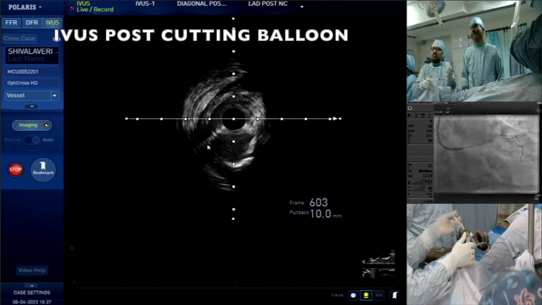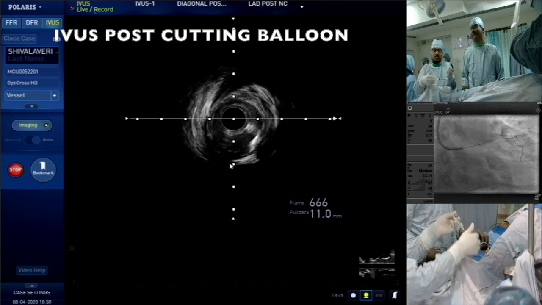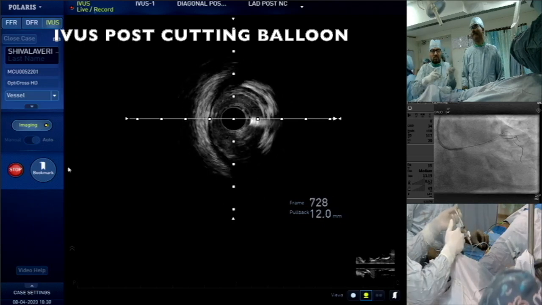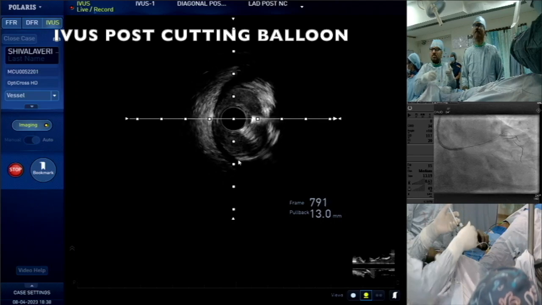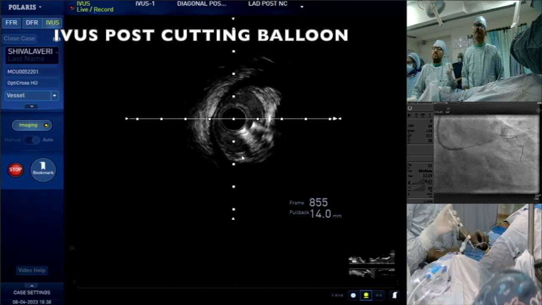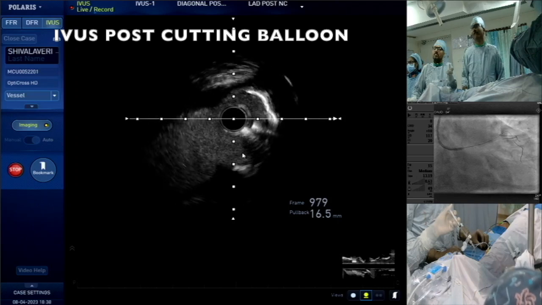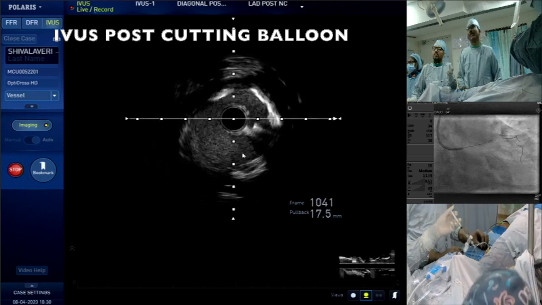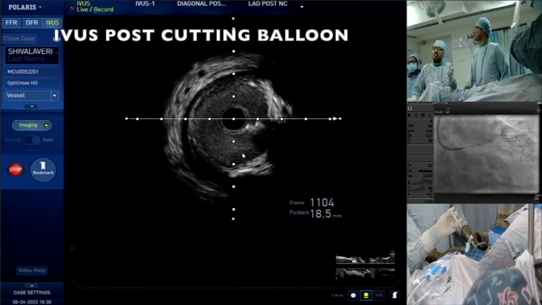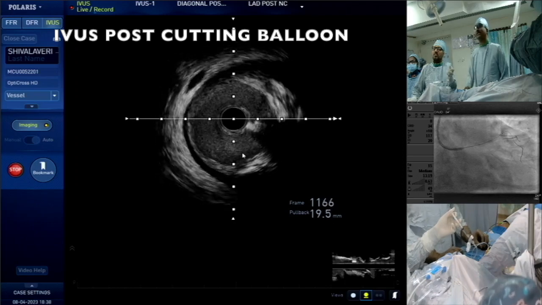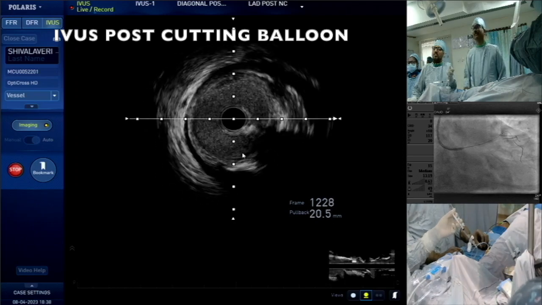I think there are some cuts in the calcium. And you also keep ready 3.5, 23, 28 as well, okay? Yeah.